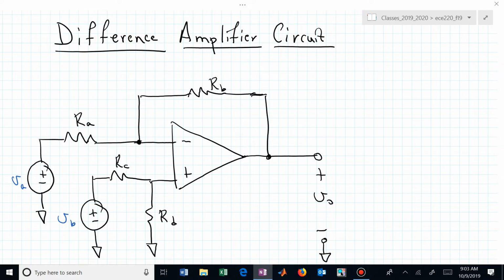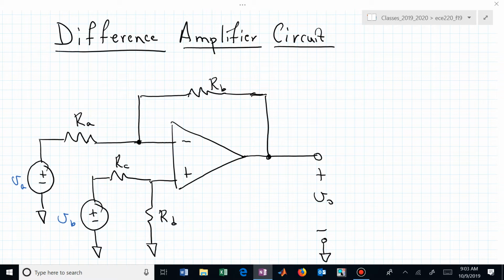If we stay in the linear operating region, we will be able to assume that this is satisfying properties of linear systems, and that's going to provide us with one strategy for analyzing this circuit.